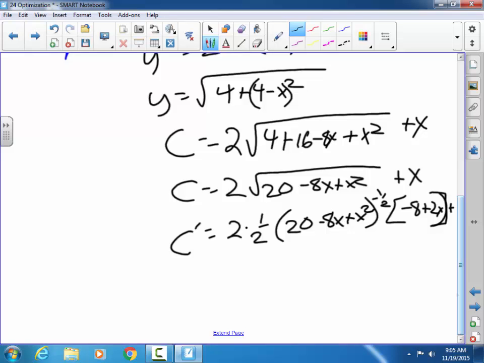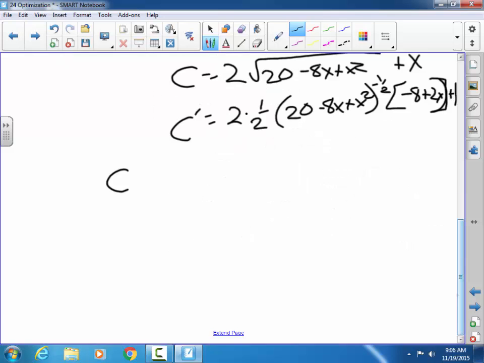All of this plus a 1 because of the plus x outside of it. Well, let's write that up as a fraction here. So C prime is, does everybody agree that the 2 and the 1/2 will go away? So we've got 2x minus 8 in the top, and this ugly square root in the bottom.